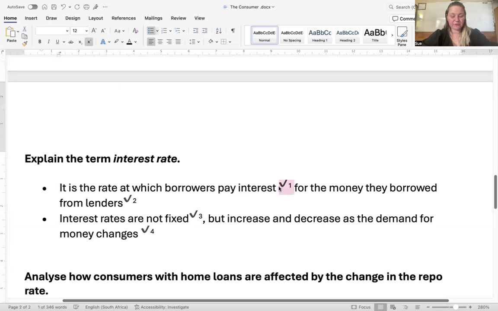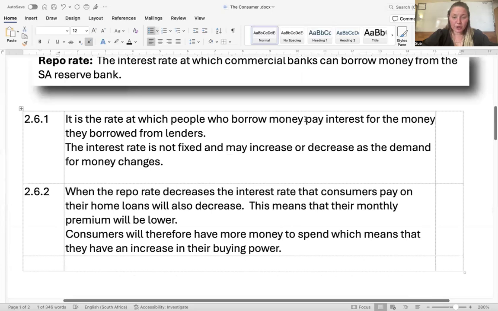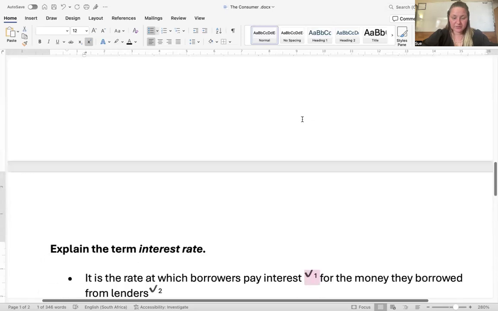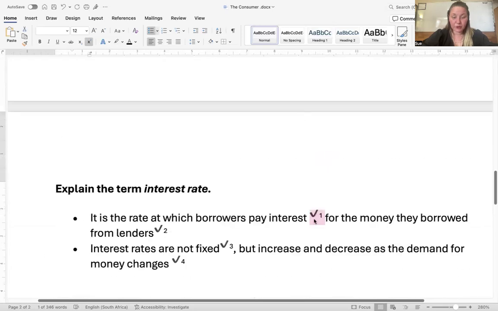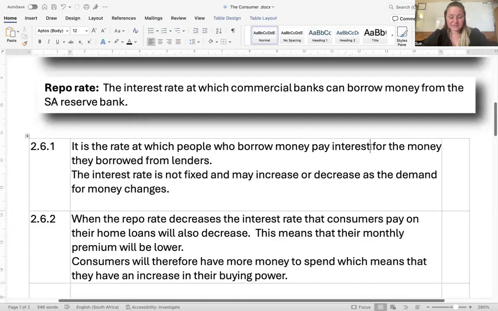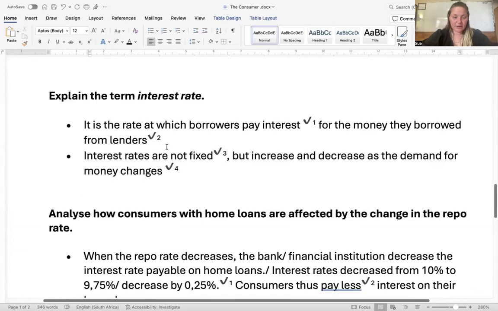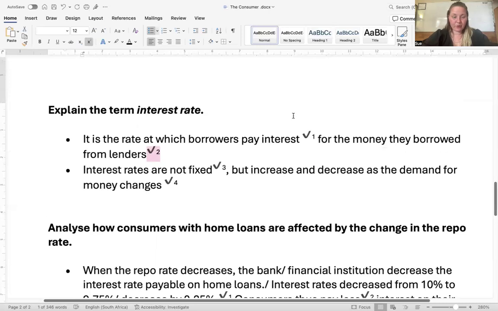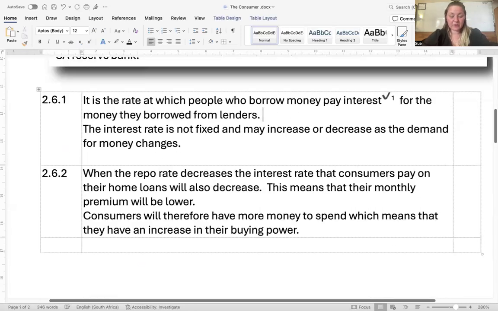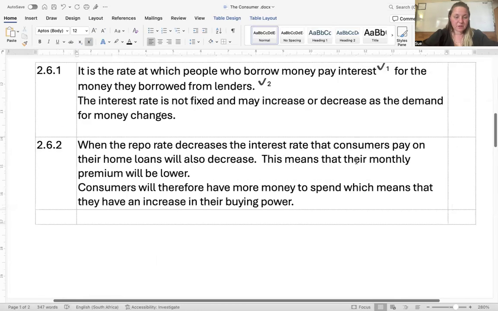I am pretty sure that we've mentioned this exactly. It is the rate at which people who borrow money, there's our first mark, the rate at which people who borrow money pay interest for the money that they borrowed from lenders, and that will be our second mark. For the money that they borrowed from lenders. So there we already have 2 marks. We've said more than what we needed to say. We will get the maximum of 2 marks.